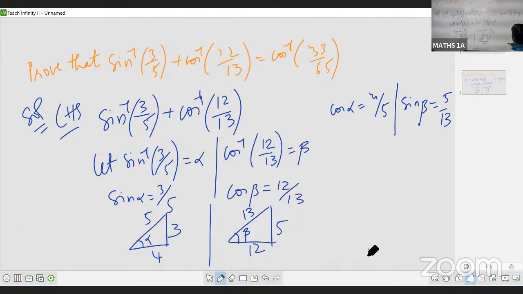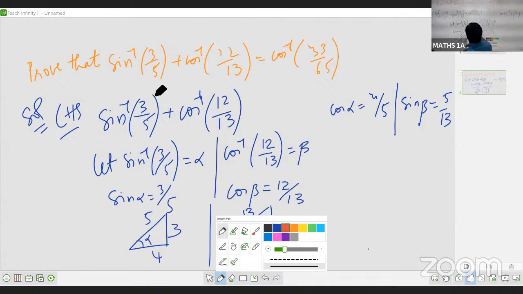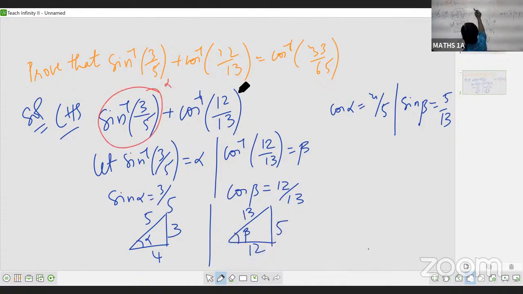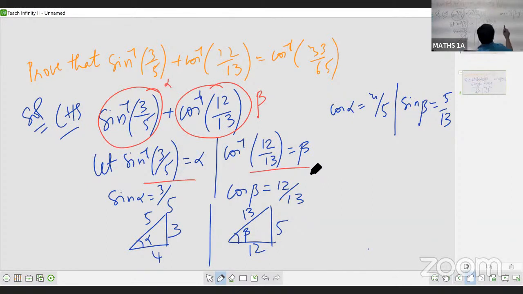Now this part I took is alpha, and this I took as beta.